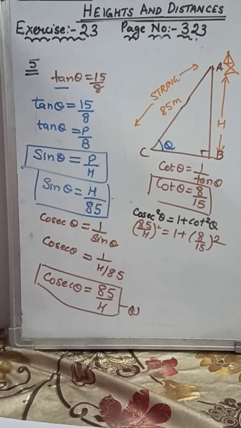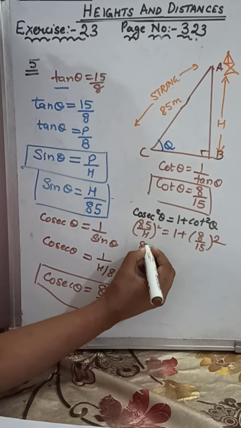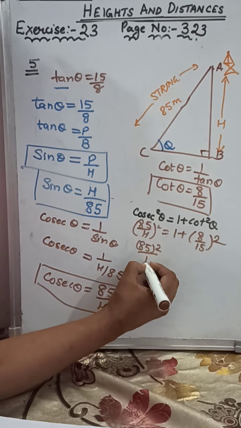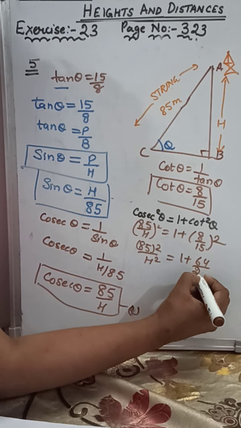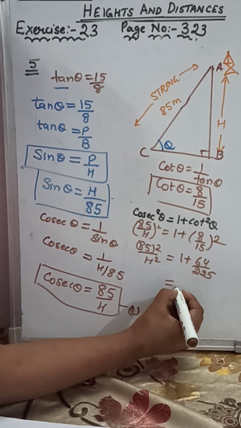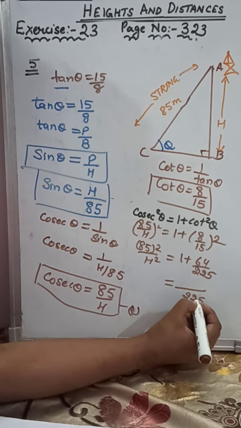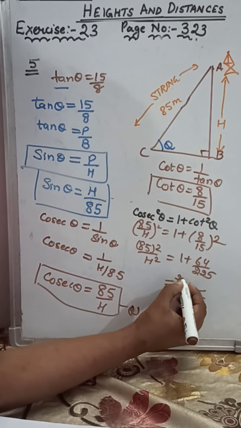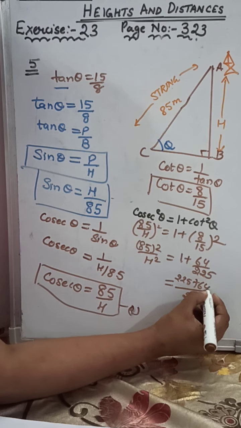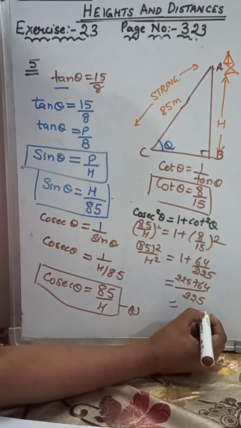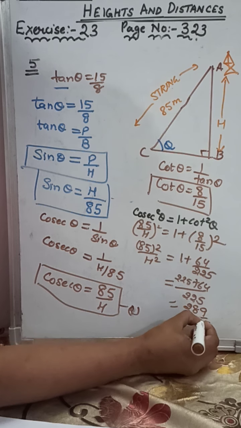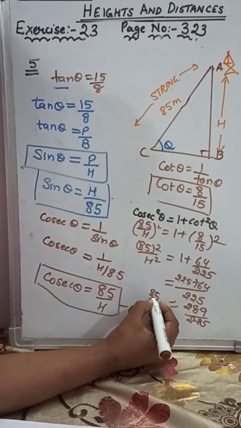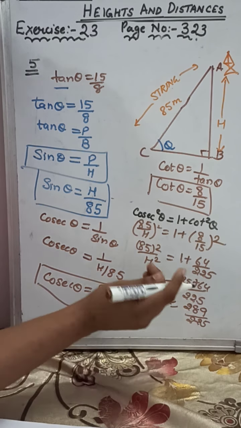Got it? So what will you do? 85 whole square upon h square equals 1 plus 64 upon 225. You will take the LCM 225. So 225 plus 64. So this will become 289 upon 225 equals 85 over h whole square.